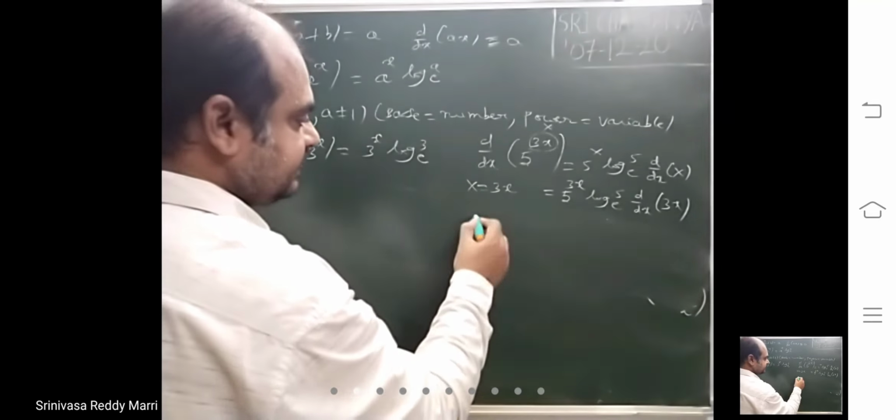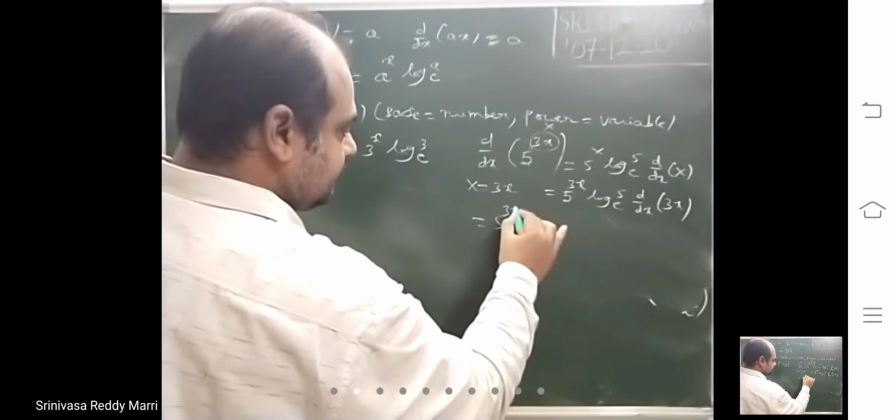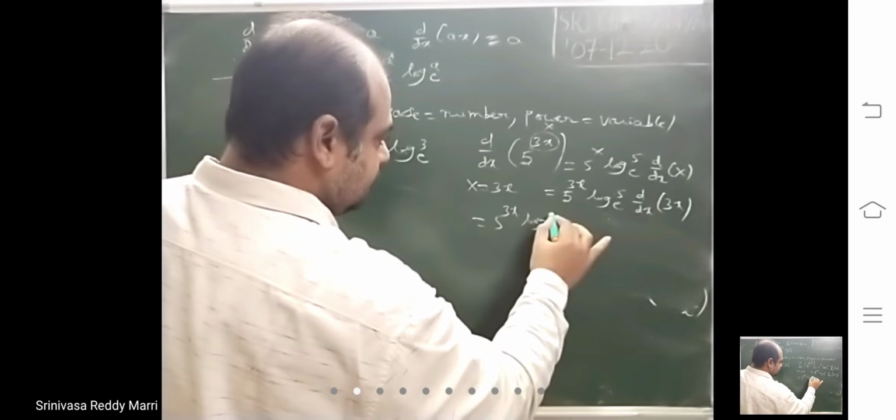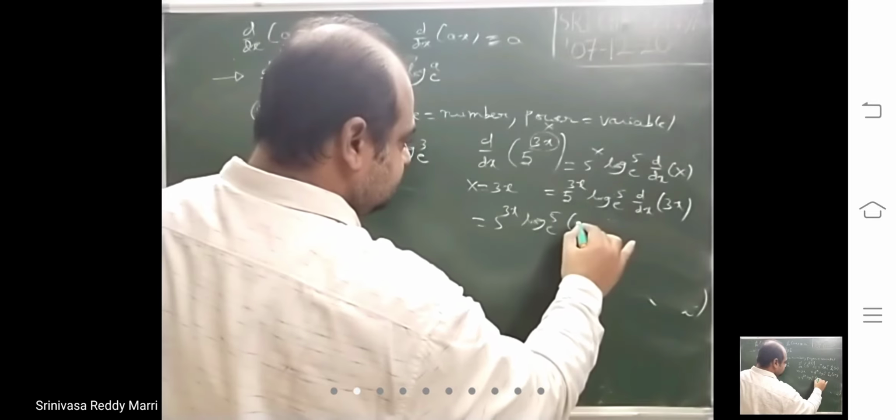That means your required answer is 5 power 3x into log 5 to the base e into 3.